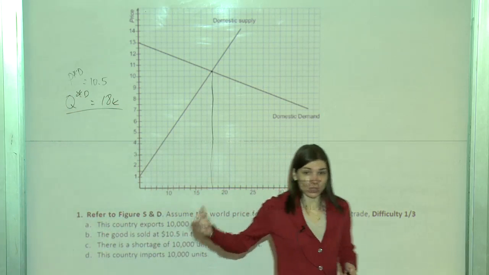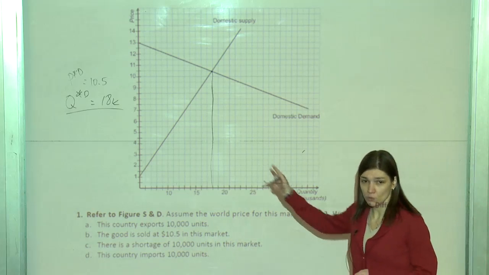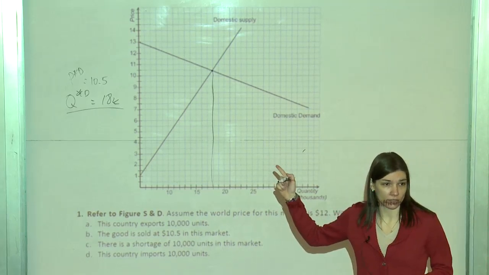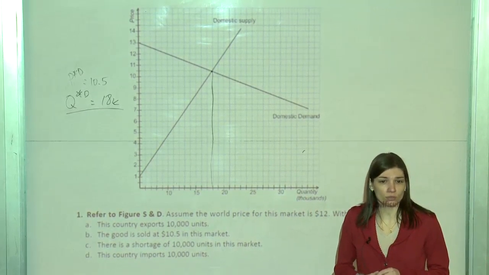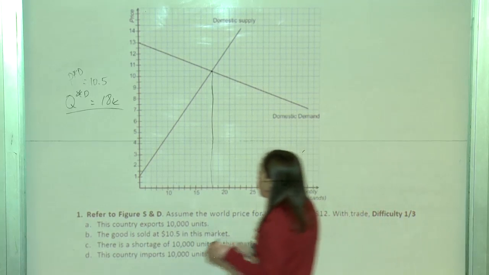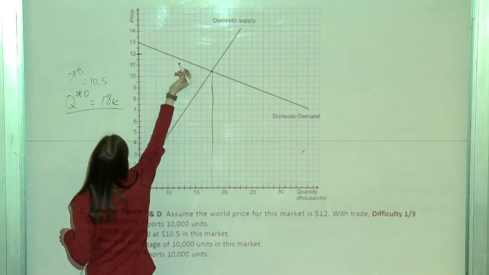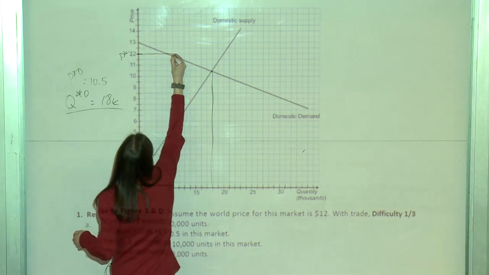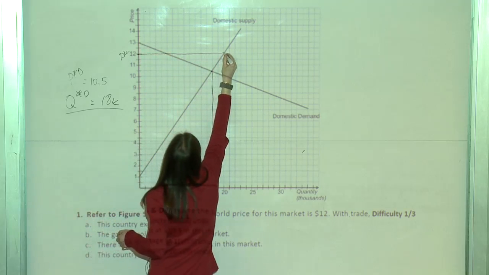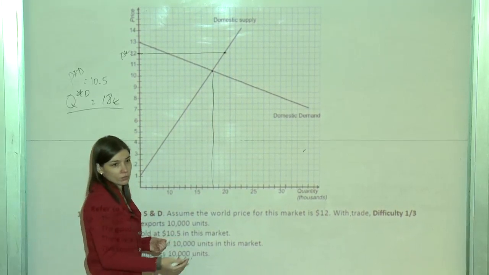Now we're allowing for trade, and we're told that the world price is $12. So the world price is actually higher than the domestic equilibrium price. So would this country import or export the good? Export, right? Because at the world price, when it's higher than the domestic price, we're at 12 here, that's the world price. If we go across, then we see that the quantity supplied is going to be higher than the quantity demanded, right?